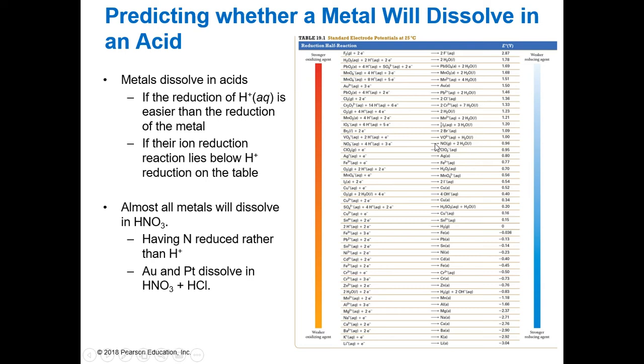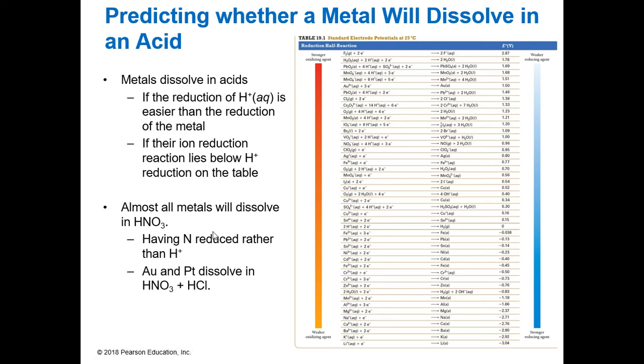So now, if we're looking at anything below nitric acid, look, silver is below nitric acid. Same thing with platinum. Platinum is below nitric acid. So we can actually dissolve more metals in nitric acid because it has a higher reduction potential.